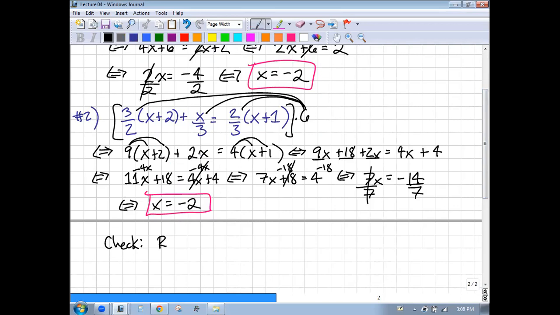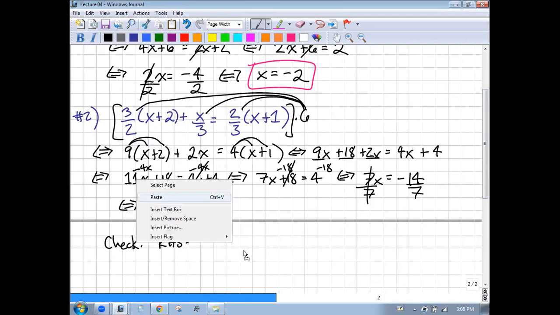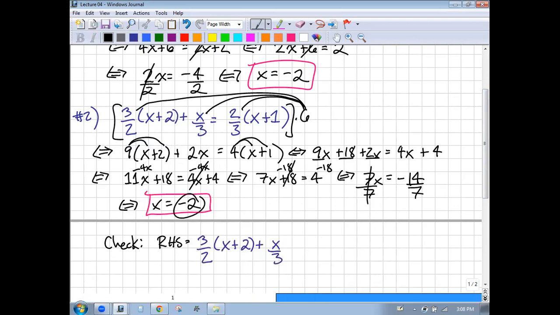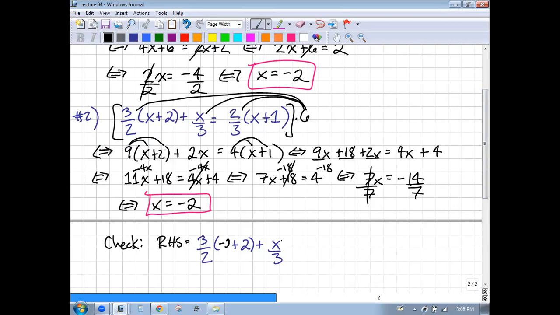The right-hand side, which is this, right? We're checking to see if -2 is the right answer. So if we replace x with a -2, what do we get? Let's see, this is 0. 0 times anything is 0. So this is just -2/3.